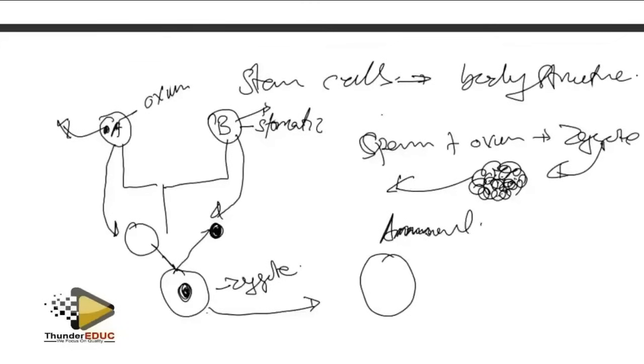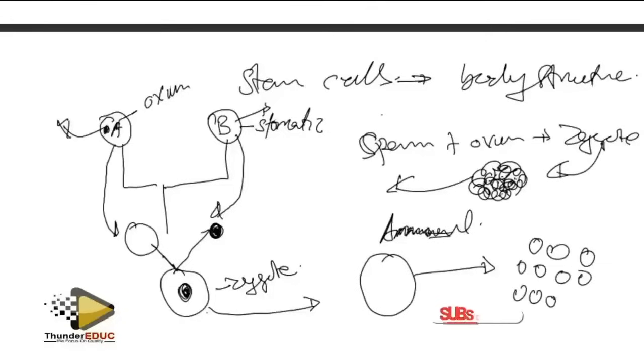And then what I do, I produce a lot of these animals, and these animals are identical. Question: why are all these animals identical?